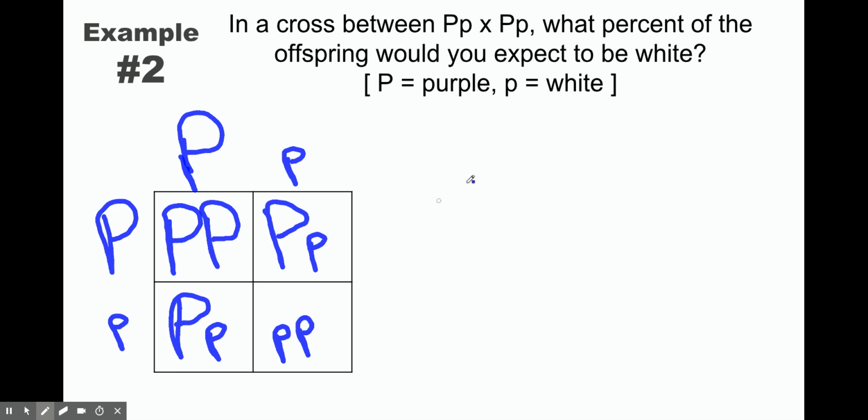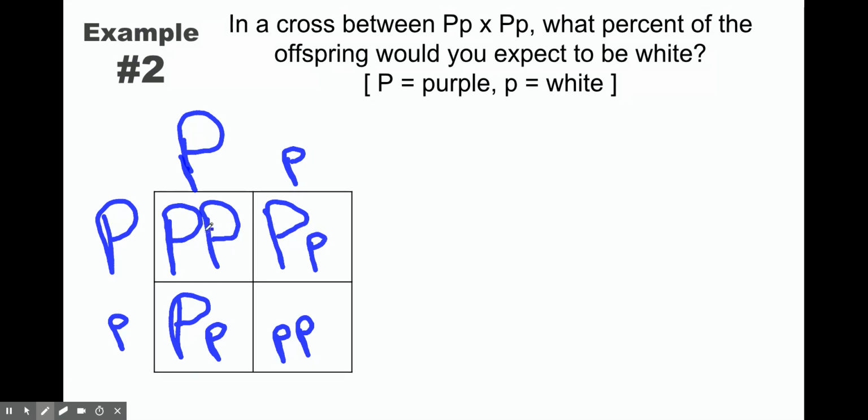All right, so now we got to come back up to the question. There's our completed Punnett square, and the question asks, what percent of the offspring would you expect to be white? Again, remember that anytime this big P shows up, it's going to be purple. Doesn't matter if it has 2 big P's or only 1 big P. That big P being there means that the flower is going to be purple.